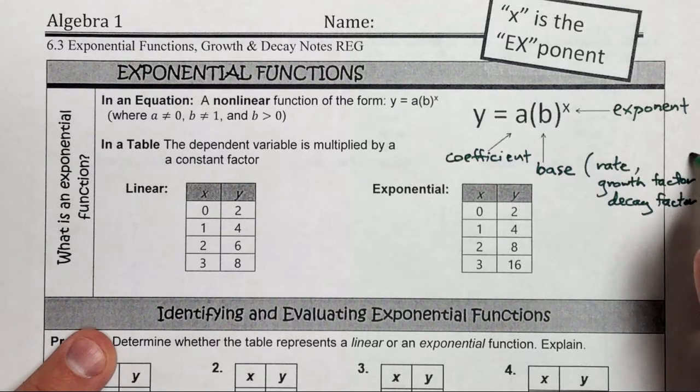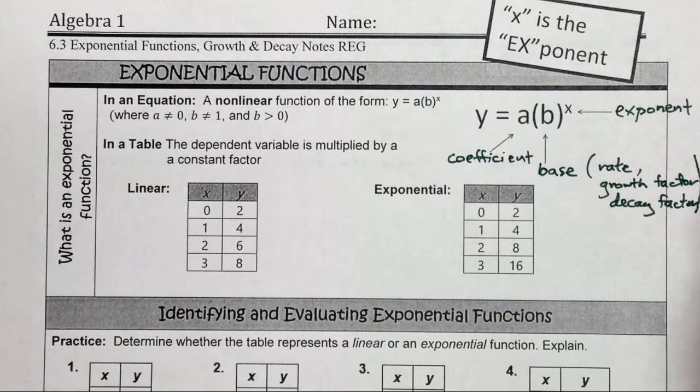Today, and in the next lesson, we're going to be dealing with some word problems. So if you ever see the word rate or a growth factor or decay factor, that's a dead giveaway that it's going to be this variable b in this equation.